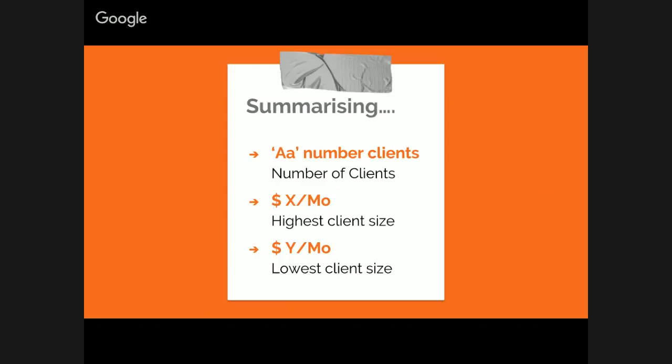Say you answer that instead of 100 clients you have worked with 80 clients, the lowest client size was $300 and the highest client size was $5,000.